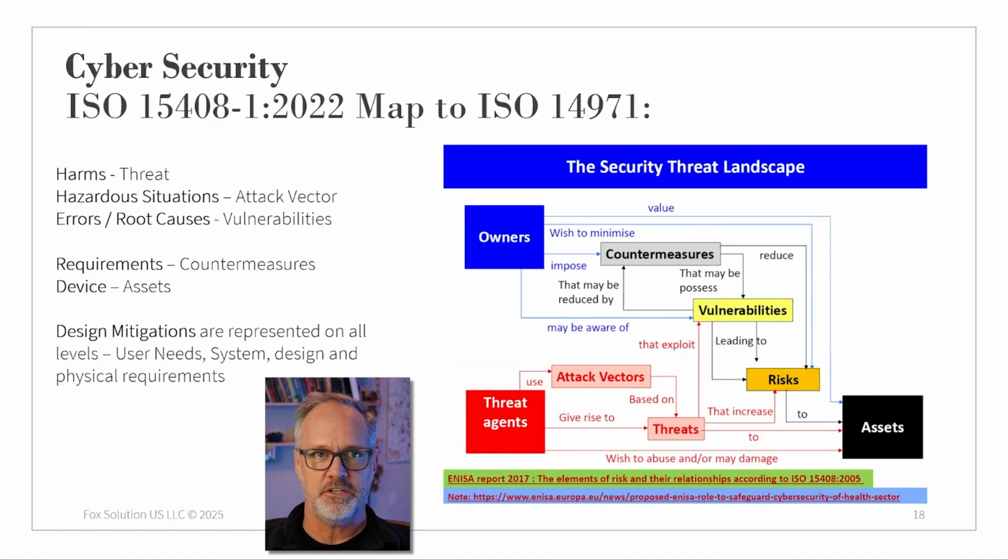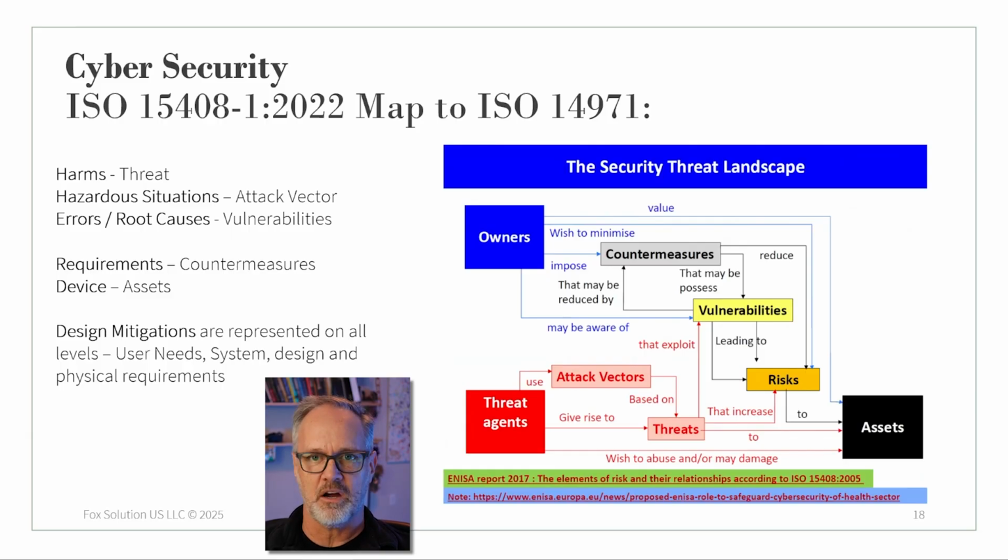Okay, one of the things I wanted to just mention briefly, this is the cybersecurity ISO document, the 15408. It talks about how we would do this kind of a risk assessment for cybersecurity. And I think this is kind of interesting because this is the kind of problem that you run into when we start talking about different kinds of FMEAs for different disciplines. Cybersecurity has its own vernacular and its own decomposition.